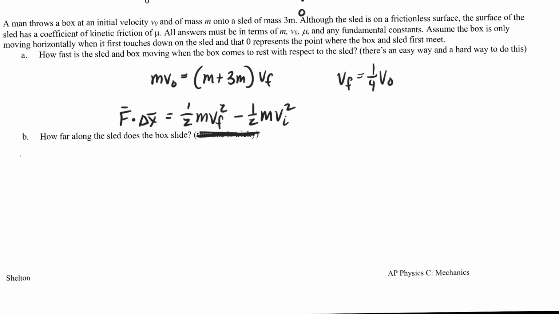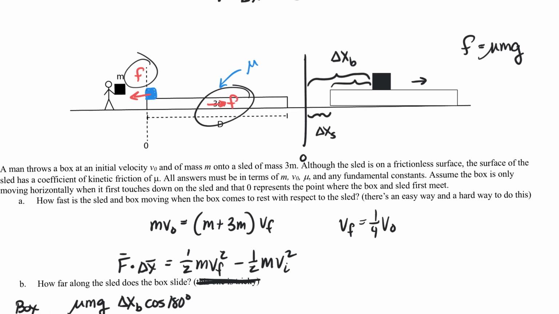So let's start with the box. Friction, mu mg, delta x for the box, cosine of 180 degrees, right? Friction was to the left, but the box moved to the right. Need a picture?